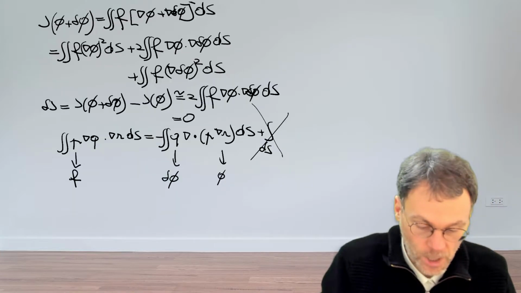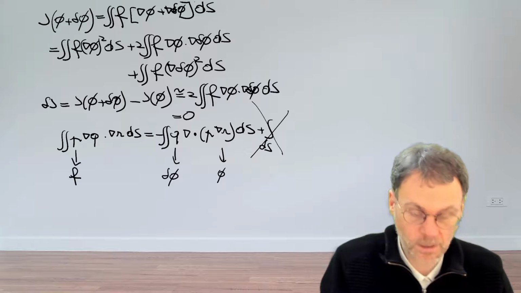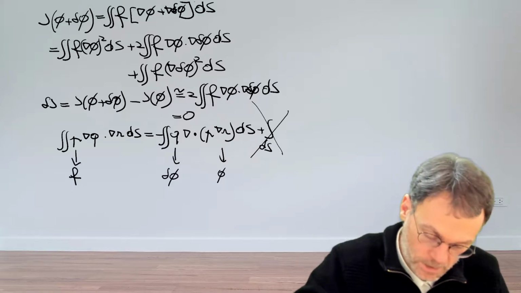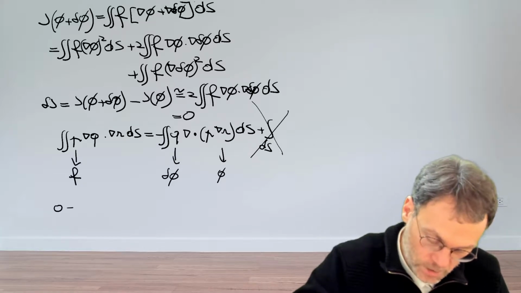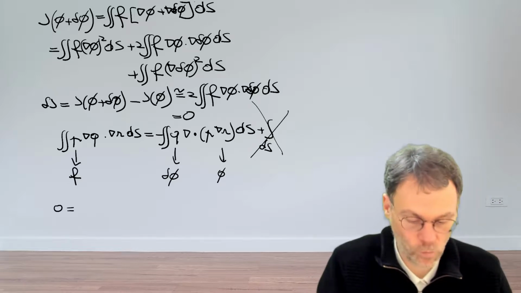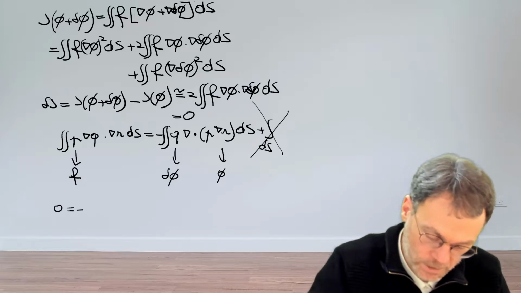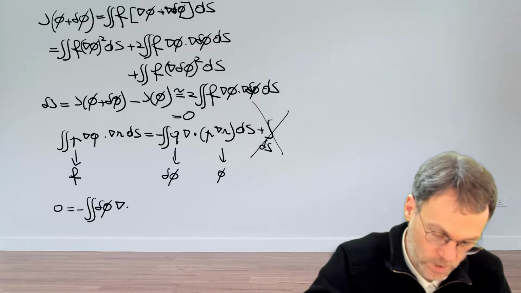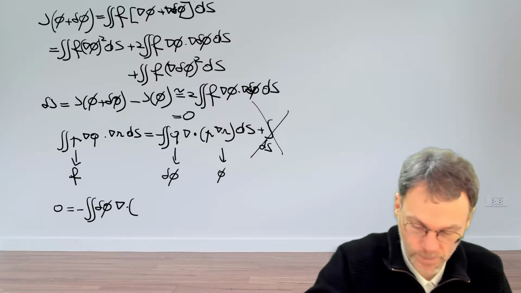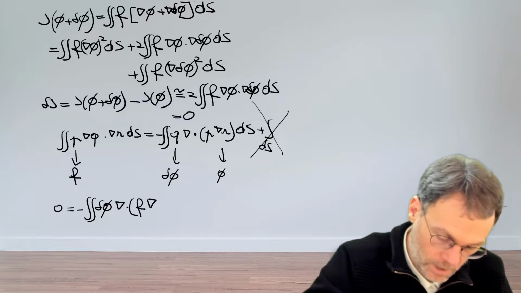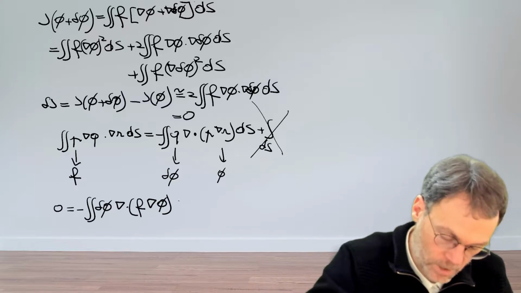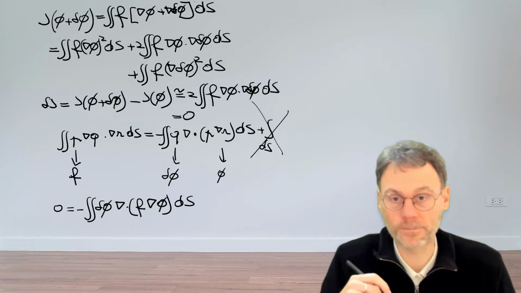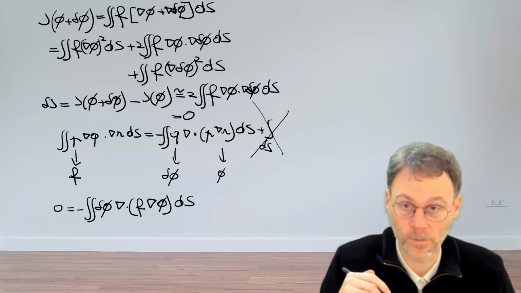Okay. So now that we've done that, the conclusion is that our first variation is 0 when we have minus the integral of delta phi, and then we have, so P is again f, and then we have the gradient of phi ds. So this thing is 0.